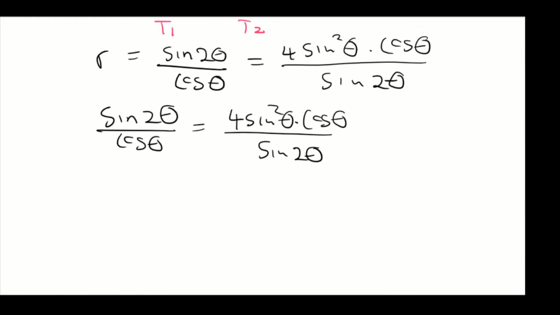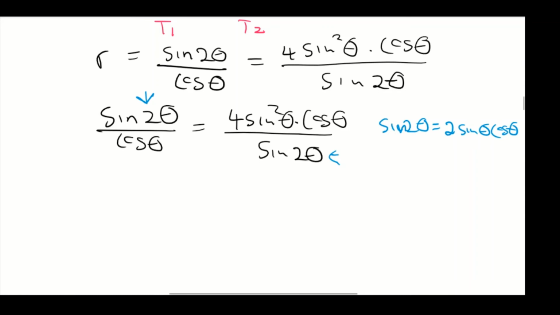So what you need to note here is your double angles. Sine of 2 theta, if you remember your trick, is equal to 2 sine theta cos theta. And the same applies to this one here. So you're going to replace it.